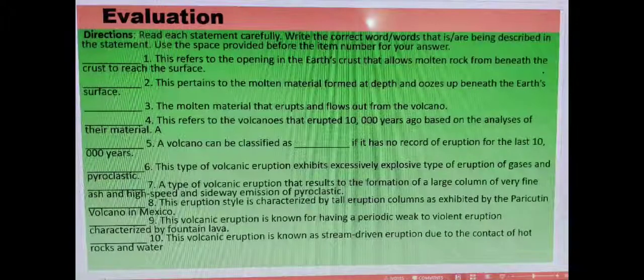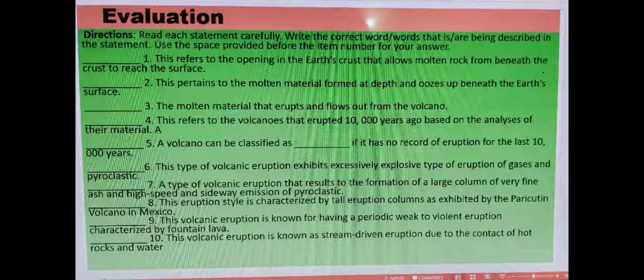Okay, number 1. This refers to the opening in the Earth's crust that allows molten rock from beneath the crust to reach the surface. Number 2. This pertains to the molten materials formed at depth that ooze up beneath the Earth's surface. Number 3. The molten material that erupts and flows out from the volcano. Number 4.